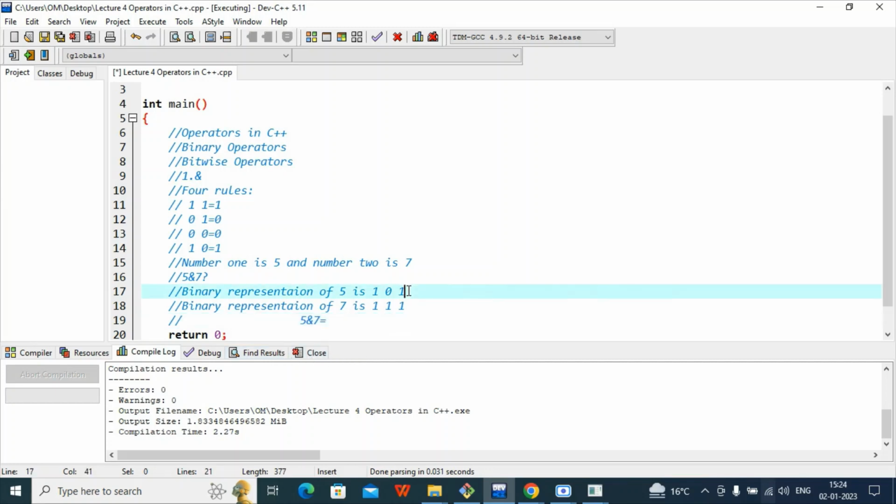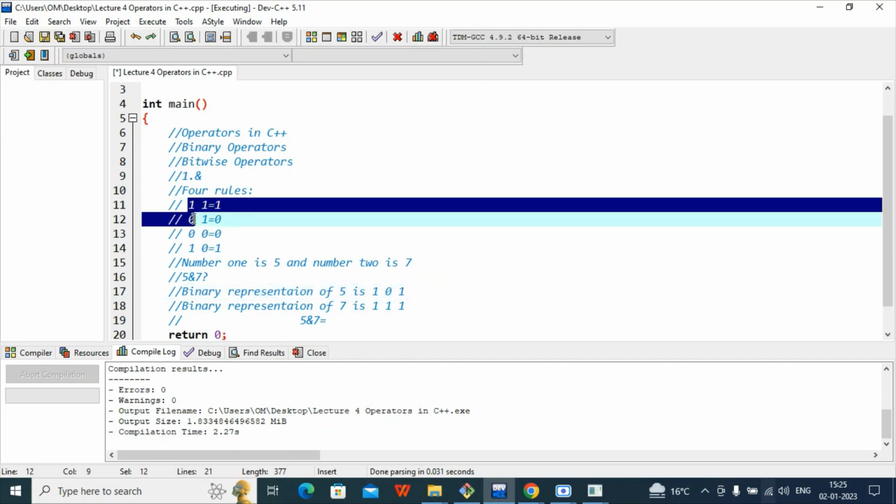When solving every bitwise operator, we start from the rightmost side, like we perform addition from the rightmost side, and the carry we find, we shift it on top of the next position. Like this. So the binary representation of 5 is 101, and 7 is 111.